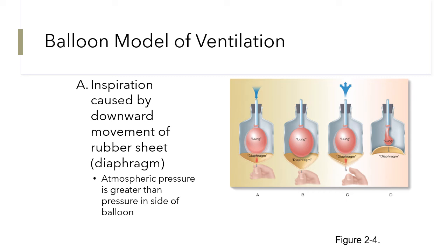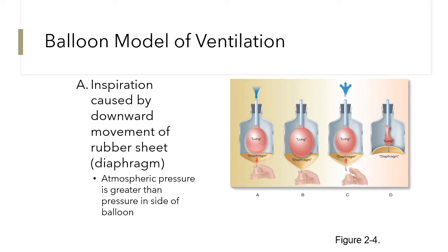Remember that according to Boyle's law, as volume increases, pressure drops. Because the balloon is composed of a very thin, stretchy, rubbery material, very like the elastic properties of the lung, the pleural pressure is transmitted to the inside of the balloon.